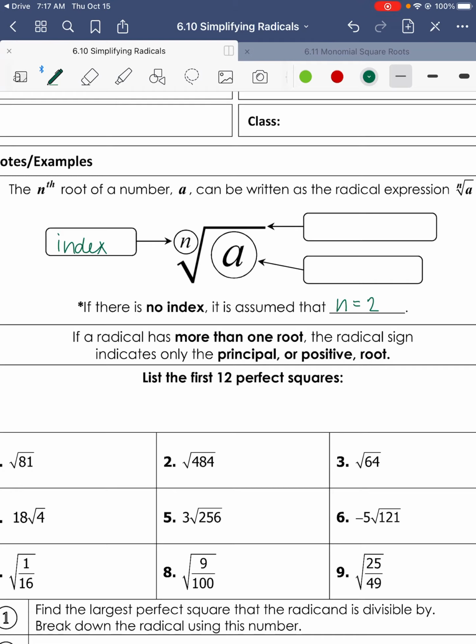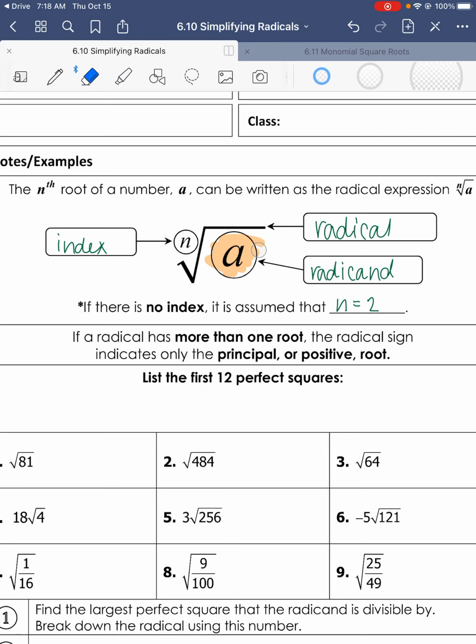a square root, okay? And then the actual symbol that goes around here is called the radical. And the number that goes underneath the radical we call the radicand.